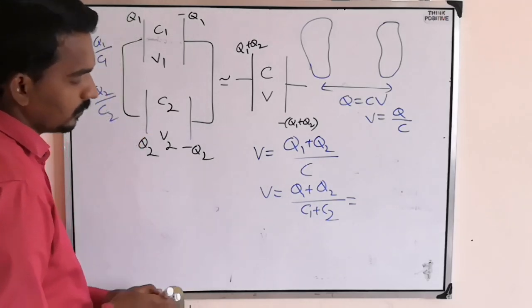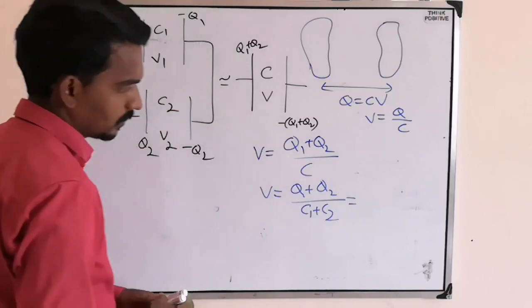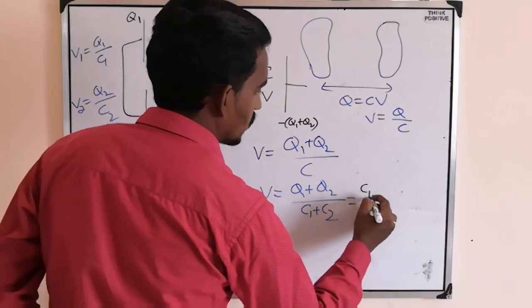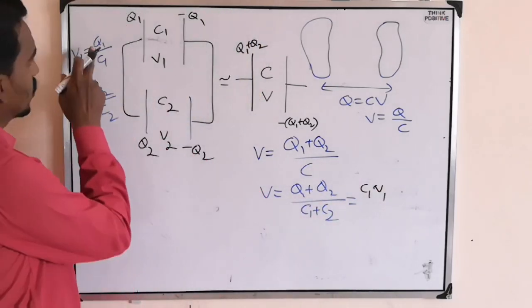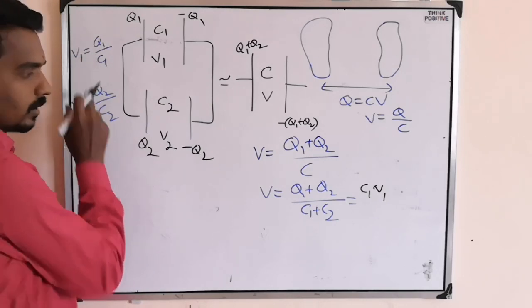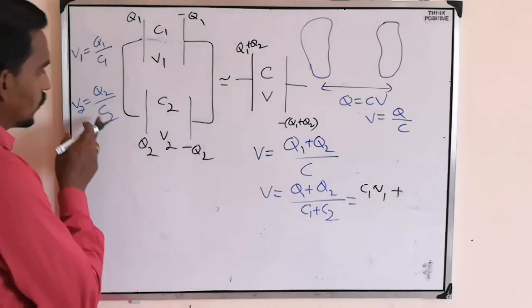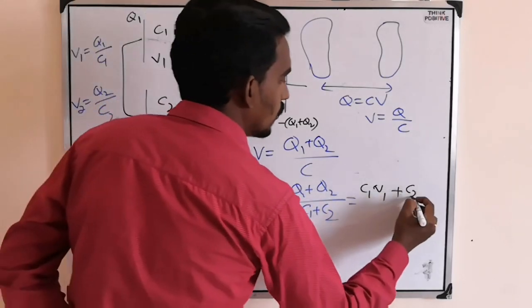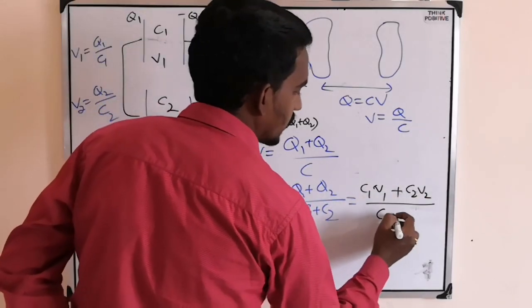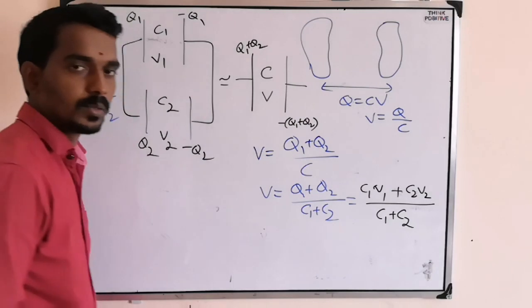Now, Q1 equal to C1 V1 plus Q2 equal to C2 V2, divided by C1 plus C2.